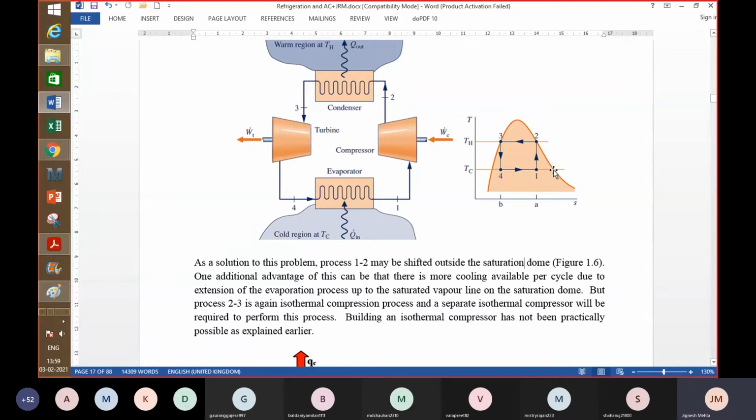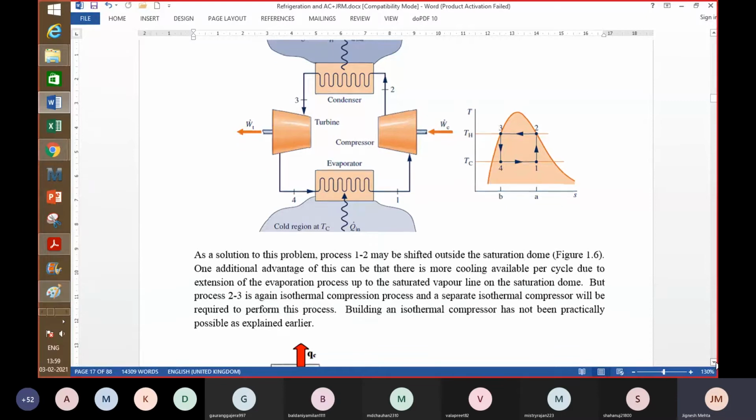We don't want the mixture to be compressed. We want only vapor to be compressed, right? Only the gaseous form, not the liquid form. So if you shift this point here, that problem would get resolved. So that is what is done in the next figure.